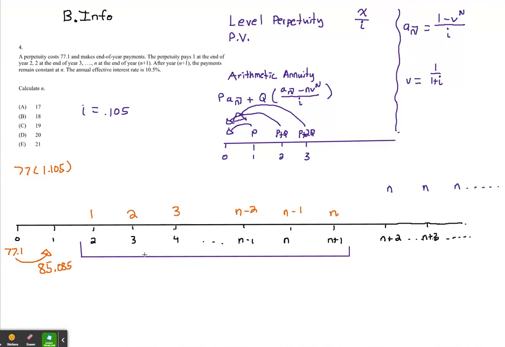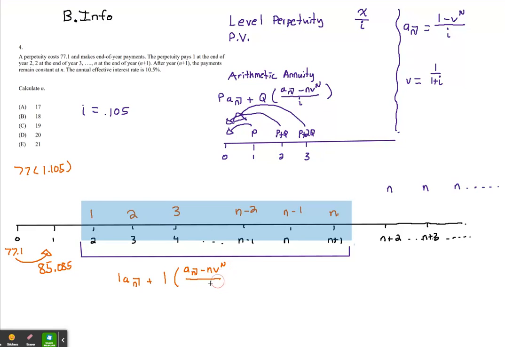Great. So I'm going to use my P and Q formula because I have 1 (Ia) angle n, dealing with this right here. My increase is also 1. That's my Q. So it's (a angle n minus n v^n) all over i.